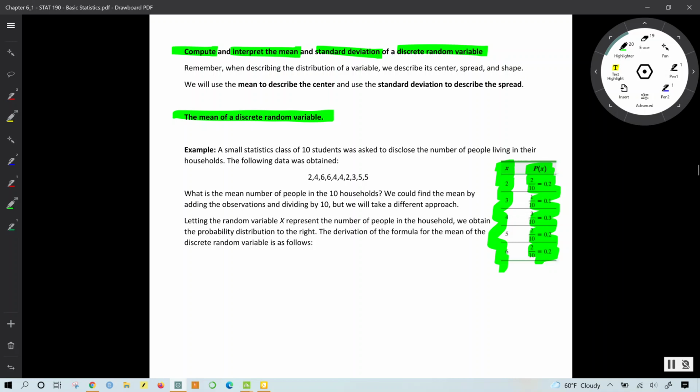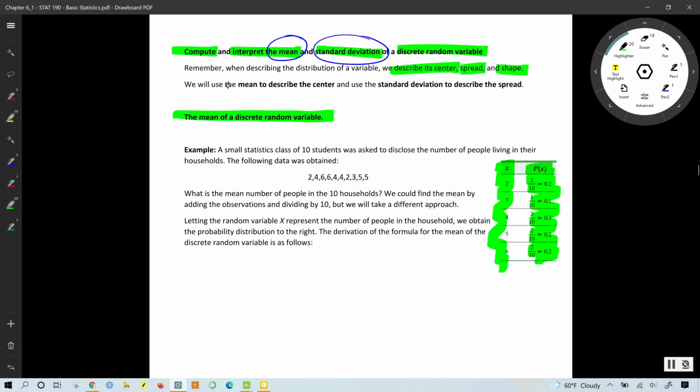So, before we get started, we must ask ourselves, what is the relevance of computing the mean and the standard deviation of a discrete random variable? It is because the mean and the standard deviation can be very useful in describing the center or the typical values of the random variable, how values are spread around this central value, and the shape of this distribution.